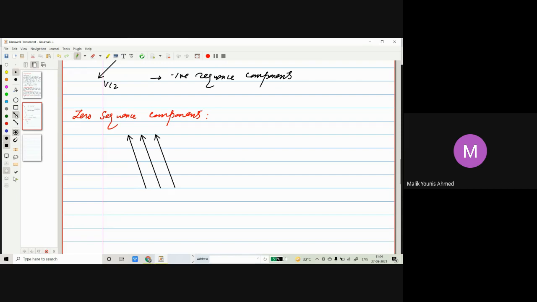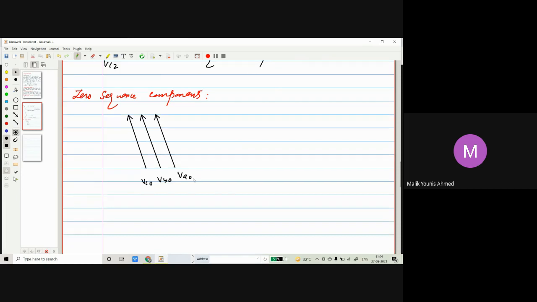So we can write this as VA naught, VB naught, VC naught. All are having the same magnitude, but there's no phase displacement with each other. They are having zero phase displacement. They're not displaced from each other at all. So this is the zero sequence components.